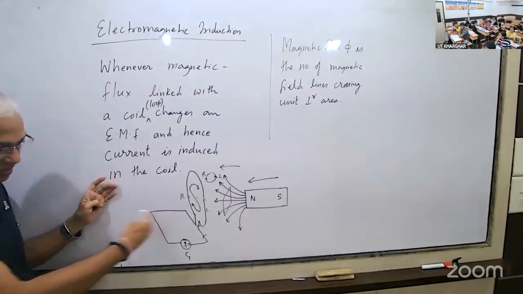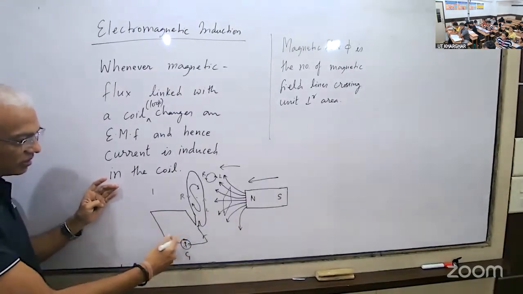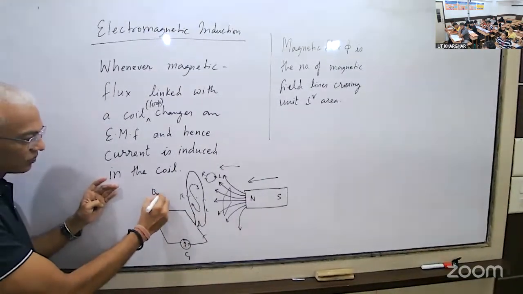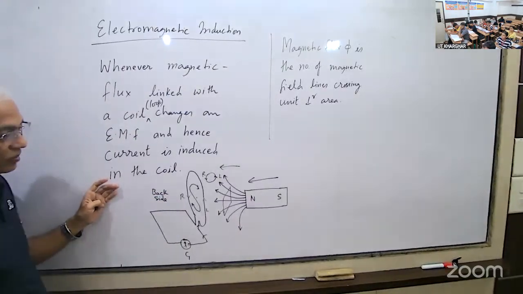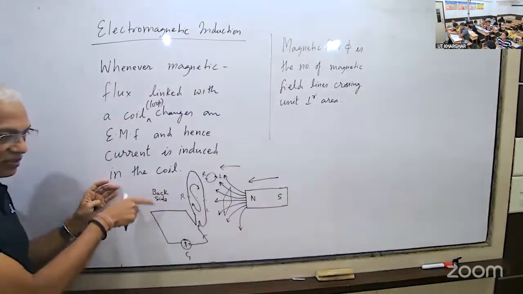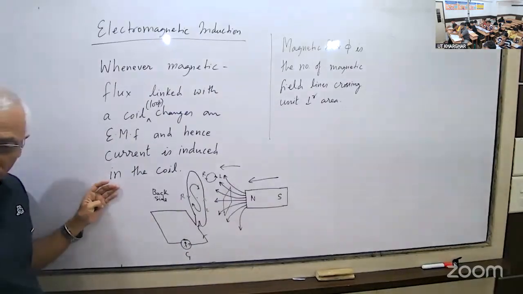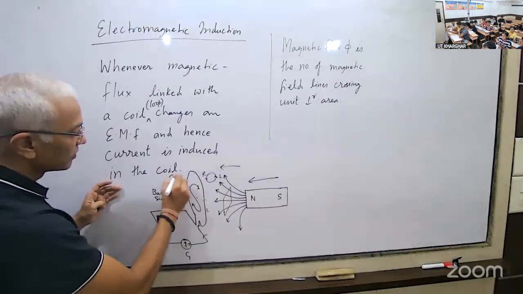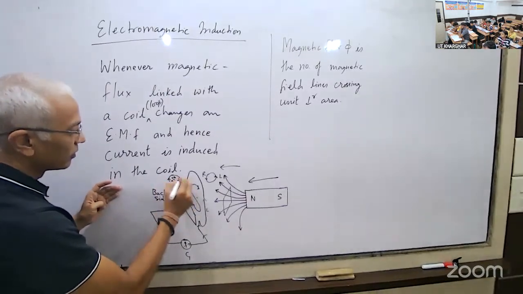But this is the back side of the coil. Where is the galvanometer? To the back side. So when the magnet is coming from this side, when I see south, this side must be north, isn't it? This must be north.